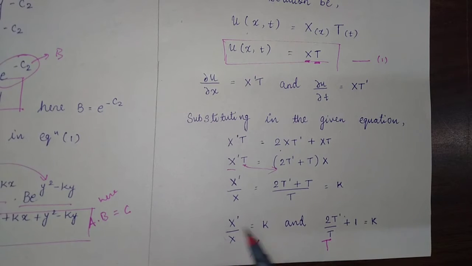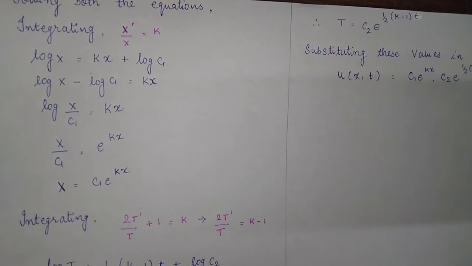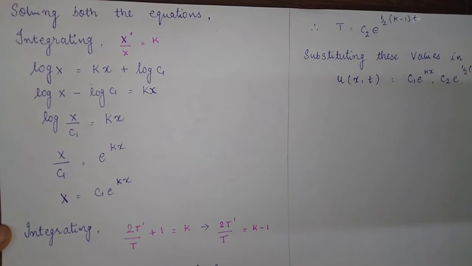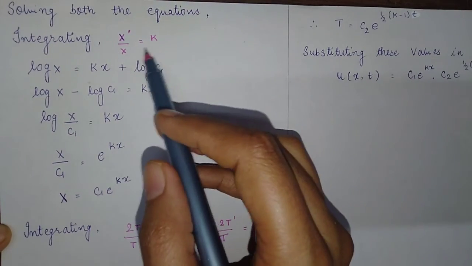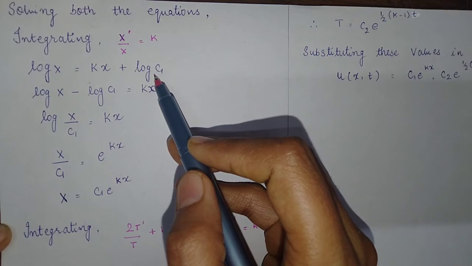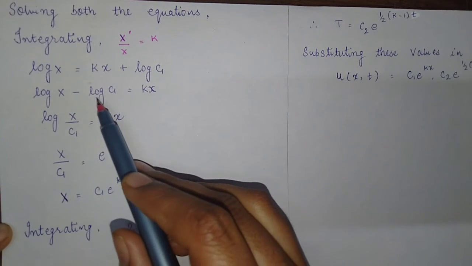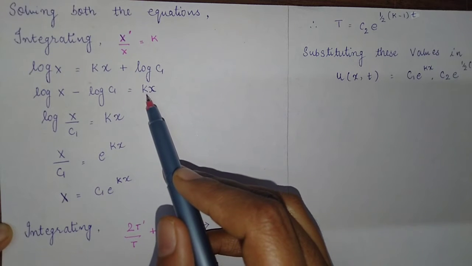First of all, we will integrate this equation in order to find capital X, and then we will integrate the other equation to find capital T. So first we integrate x dash by x equal to k. What will be the integration? Log x equal to kx plus log c1. If I take this term here, then it will be log x minus log c1 equal to kx.